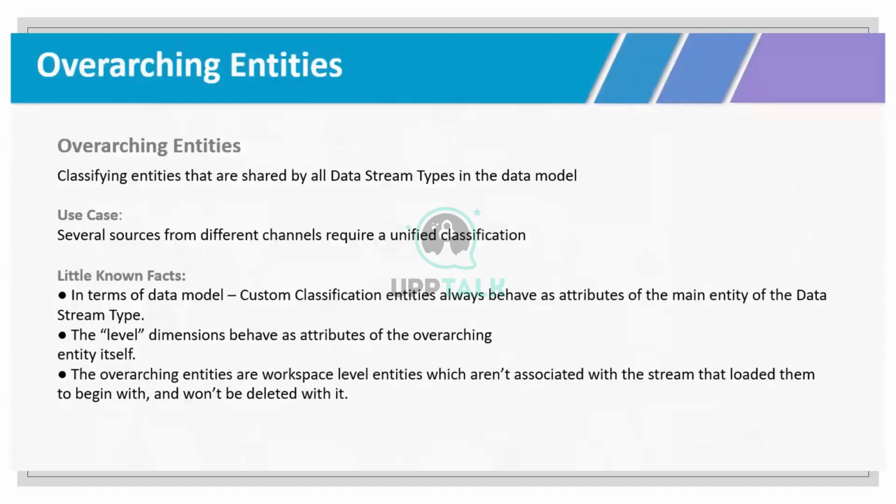Overarching entities are nothing but entities which classify entities that are shared by all data stream types in a data model. What do we mean by that? That overarching entity is very, very important. This overarching entity is pretty important stuff and pretty easy stuff. We won't be digging much in it, but we will see how it happens.